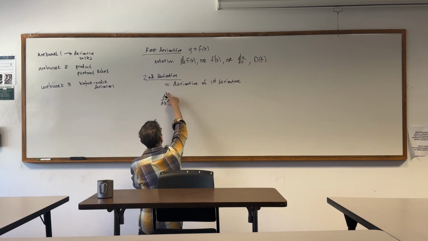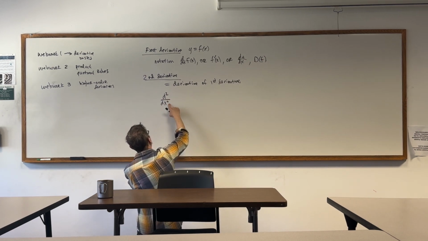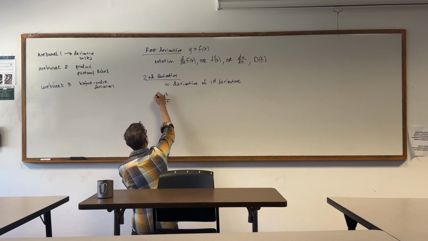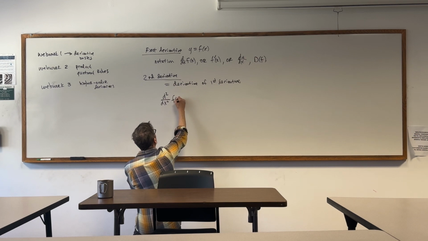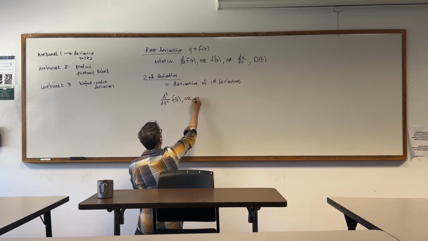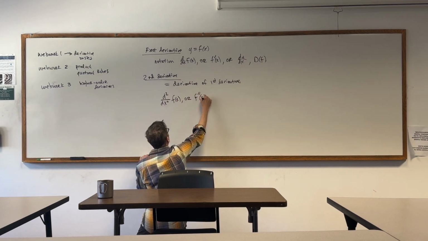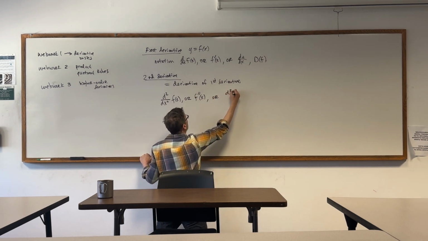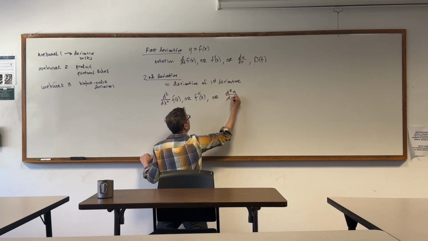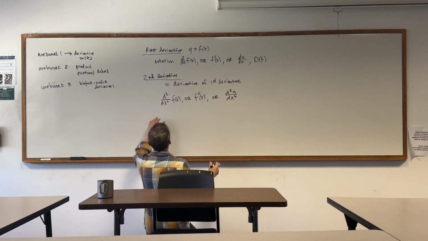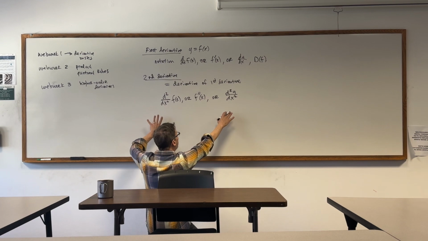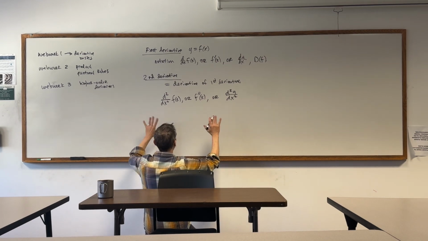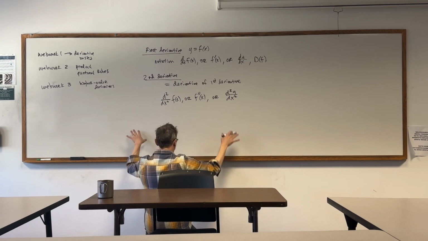This 2 here, this number by the d and then by the variable underneath, that tells you how many derivatives to take, which will become clear in just a second. So that could also be f double prime. Each prime indicates take a derivative, or it's d squared dx squared. That's just notation. That doesn't mean do anything. The x isn't squared. This is purely notation to say do that thing.